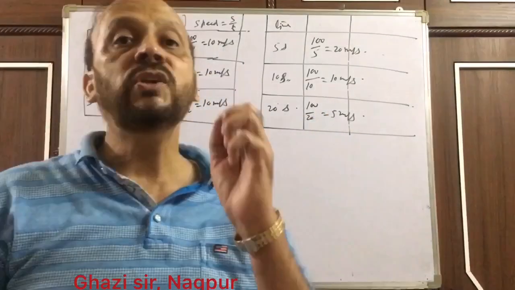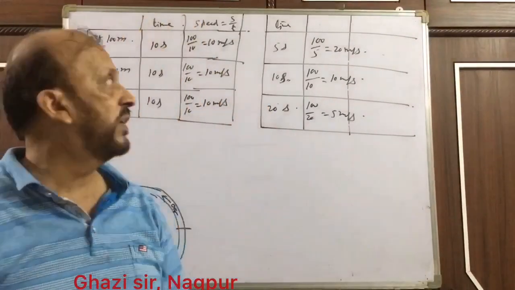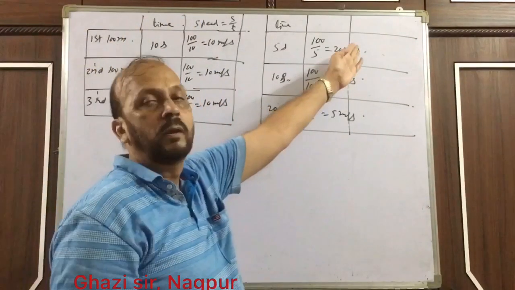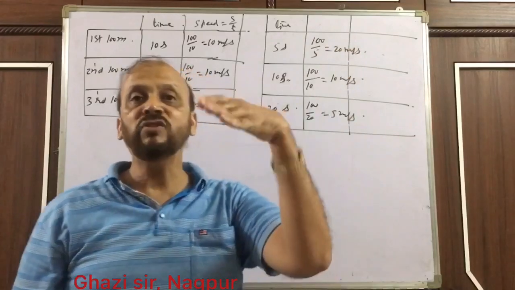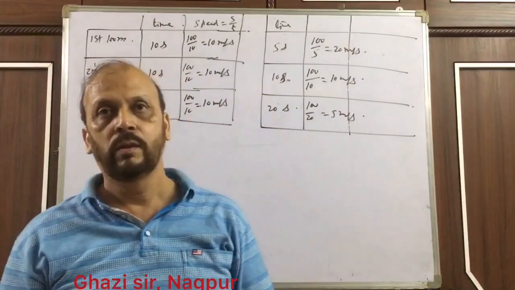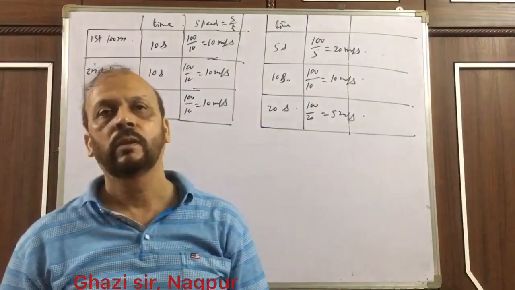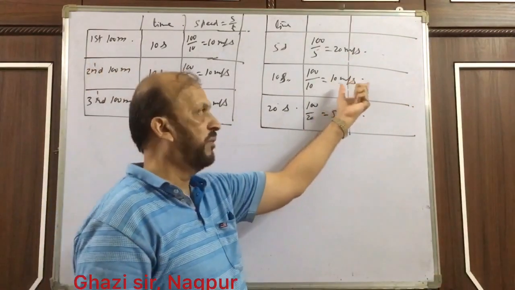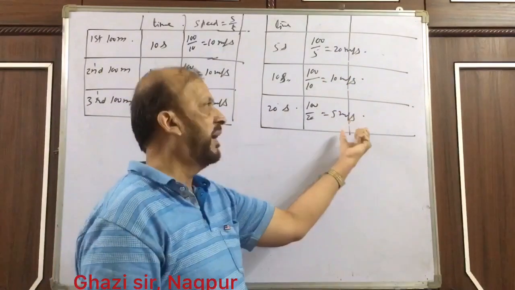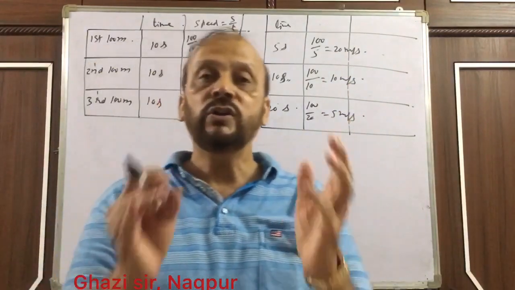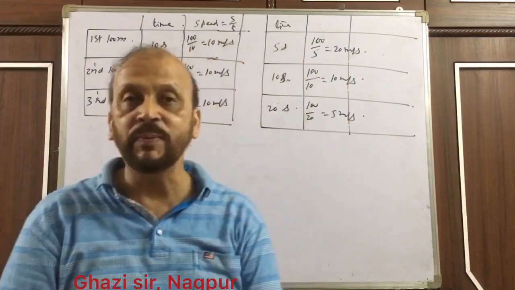Now he is changing the speed. First lap he completed fast in less time. So time is less, speed is more. His speed was 20 meter per second. Then he slows down. His speed becomes 10 meter per second. Further slows down. His speed becomes 5 meter per second. He is completing different laps in different times.